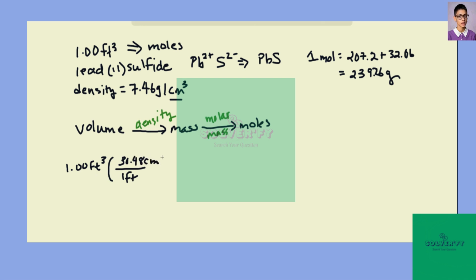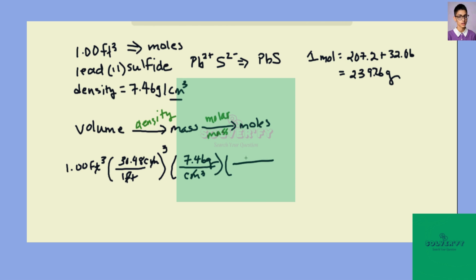Because it's a cubic foot, we need to cube the whole quantity to get cubic centimeters. We can then go to mass using our density, multiplying, because we want the mass, and that allows our cubic centimeters to cancel out.